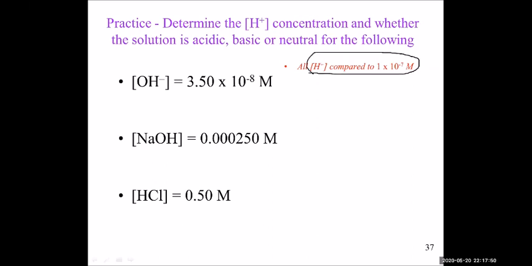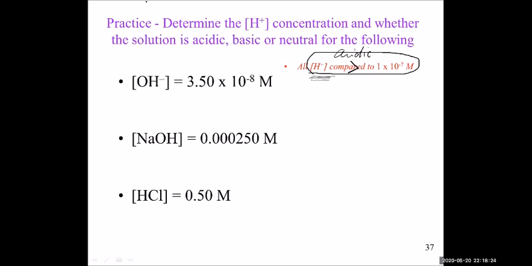Just remember one thing: a solution is acidic when the protons are more than 10 to the negative 7. That will make it acidic. So for any calculation or discussion asking whether a solution is acidic or basic, if you see this, that'll be acidic. If this did not happen, then it will be neutral or basic.